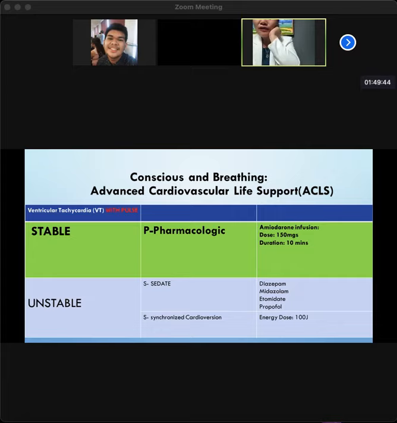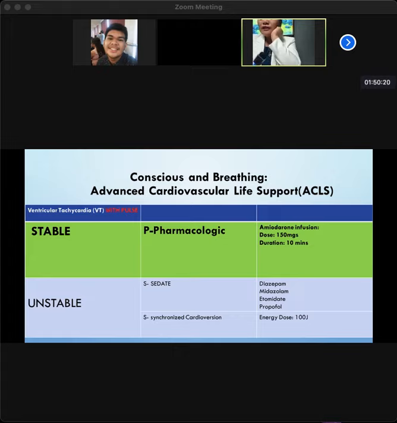Okay, yung sinabi ko sa inyo, pag mataba ang tracing, amiodarone. Okay, initial dose is 150 milligrams IV. Then flush it with 20 ml plain NSS and then elevate the IV site. The duration should be 10 minutes. Okay? And then, if the patient is now unstable, which is less than 90/60, you do your synchronized cardioversion. At yun again, sa R, pag nasa R yung tracing ng ECG mo, doon ka magsisynchronize cardioversion.